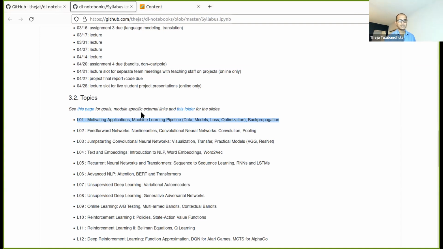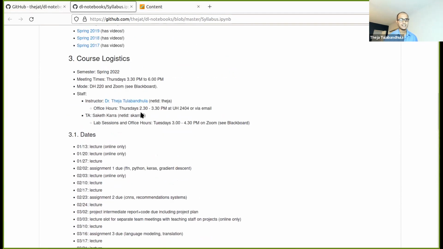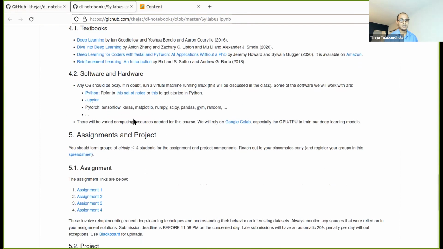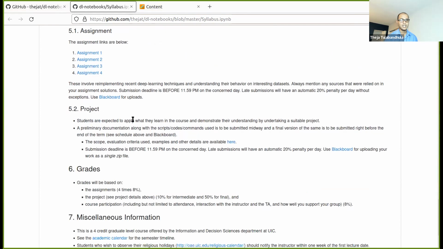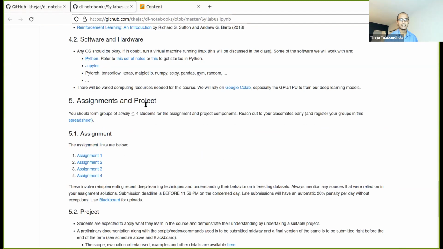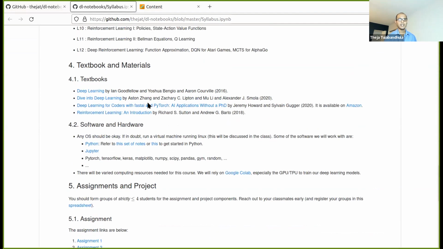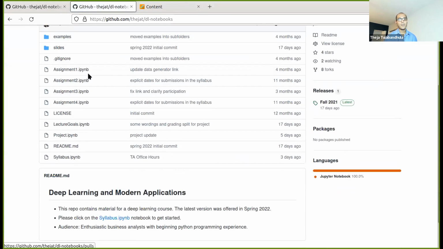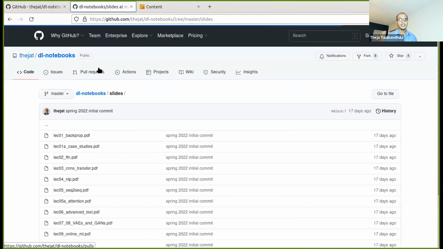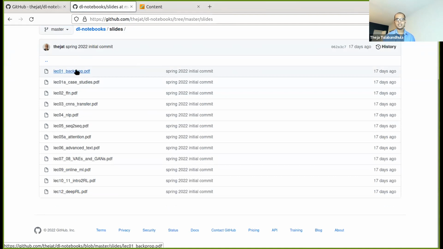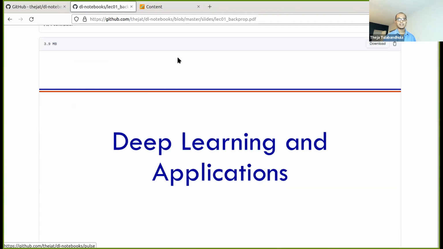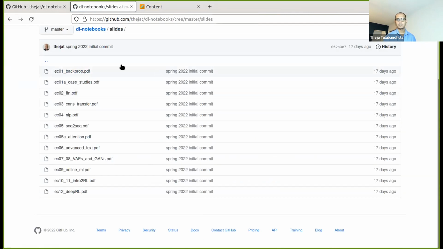The slides are linked here. The slides are in this repository. Sorry, maybe they're linked somewhere as well. Oh, there's no explicit link to the slides. Okay, so actually the slides are in the same repository. You can just go to slides, and you can open it here because of PDF rendering, but you should just download it.